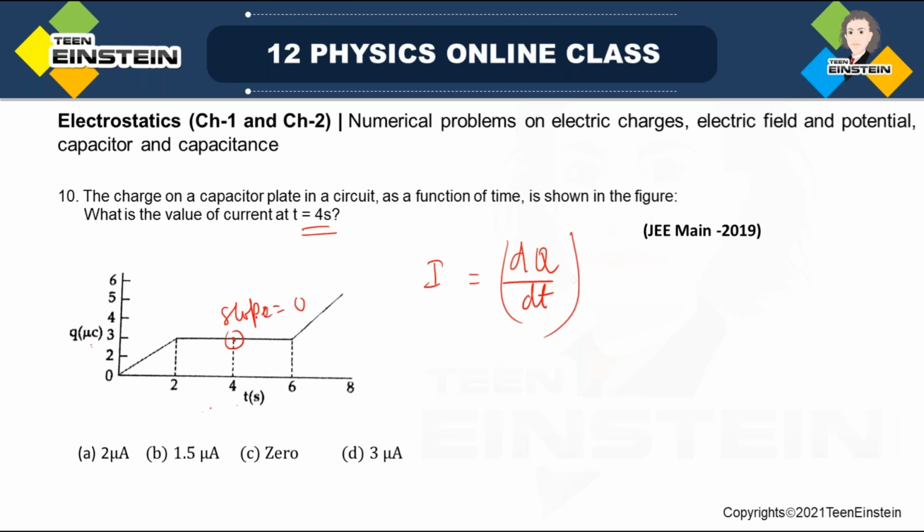If the slope is 0, it implies the current is also 0. So the answer C will be the correct answer for this question. Okay, so dq/dt is the current. You have to find the slope of the Q-t curve, and at 4 seconds the slope is 0. So current will be 0 at 4 seconds.